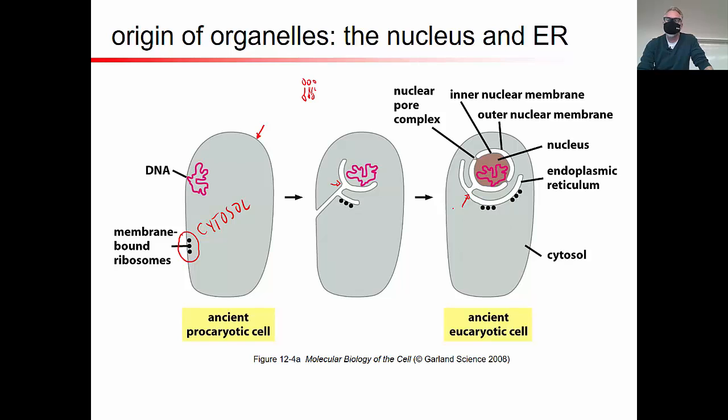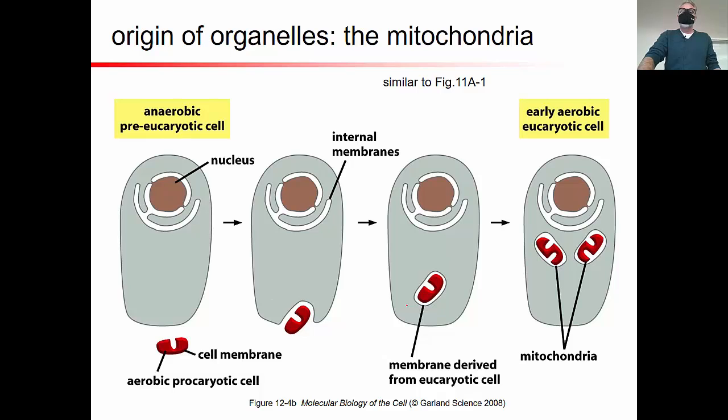And so we say that the nucleus and the endoplasmic reticulum, because they are derived from the same membrane, are contiguous. And that's a term we'll come back to, so we don't need to worry about it here. We'll see it in our ER part. Likewise, we'll see why there's a double membrane around the mitochondria in a minute.